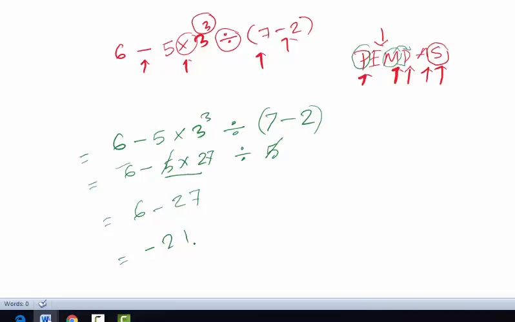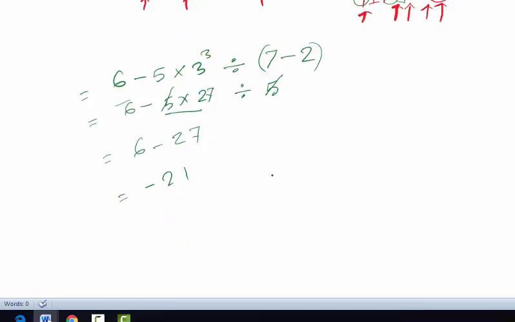To clarify this again, let's start another example, maybe much simpler. Let's say we have 3 plus 2 times 3 minus 6.